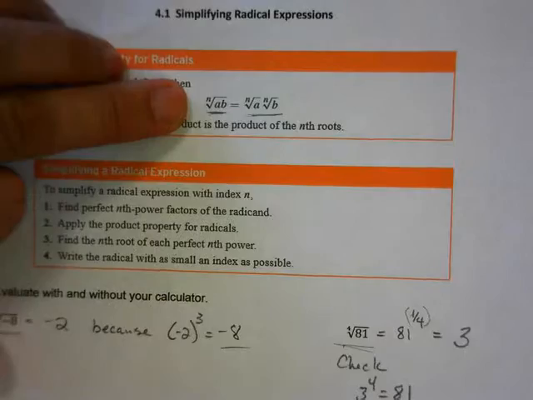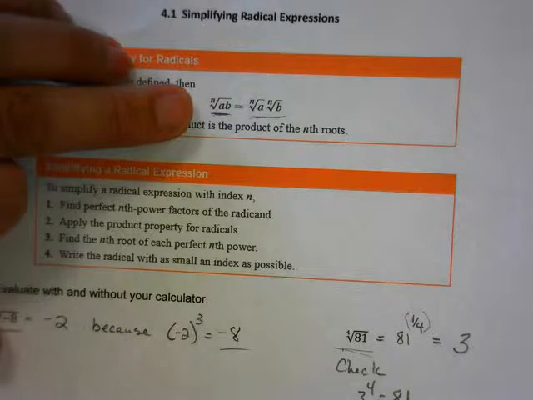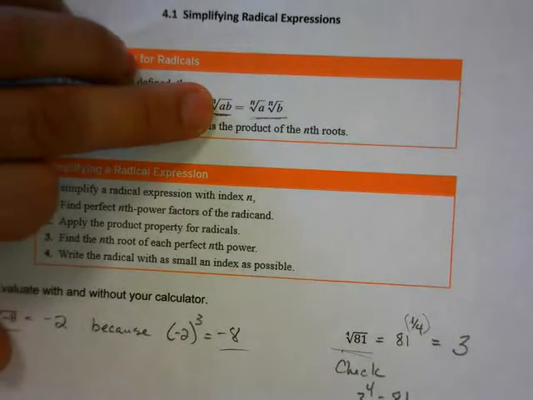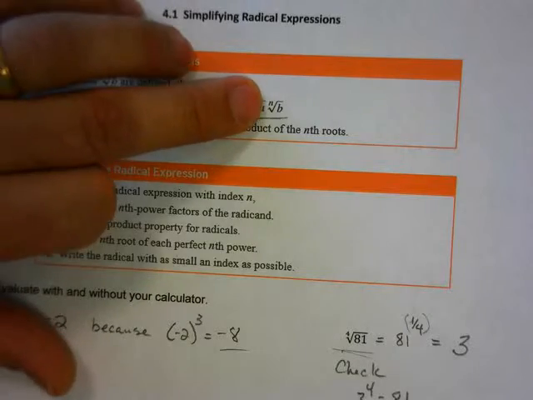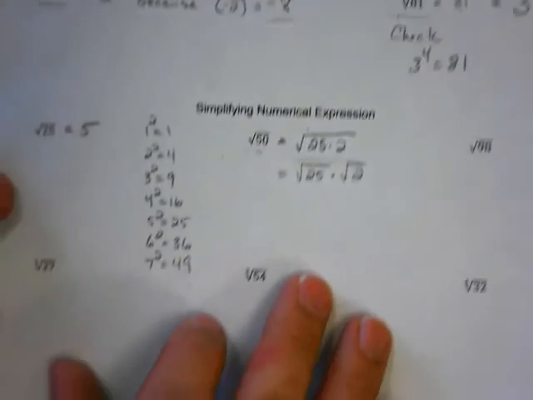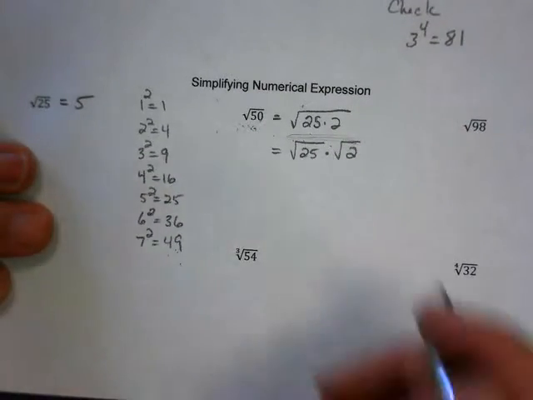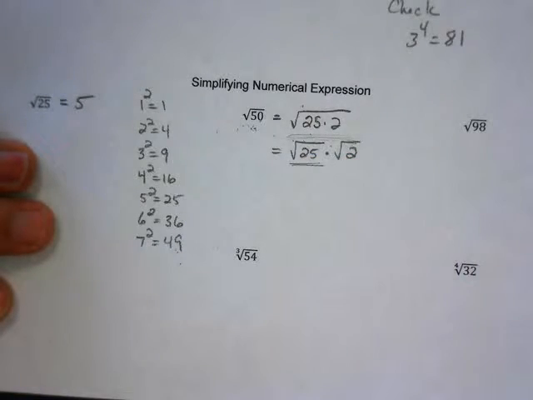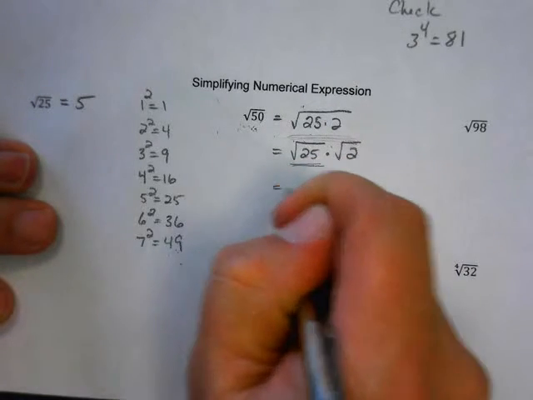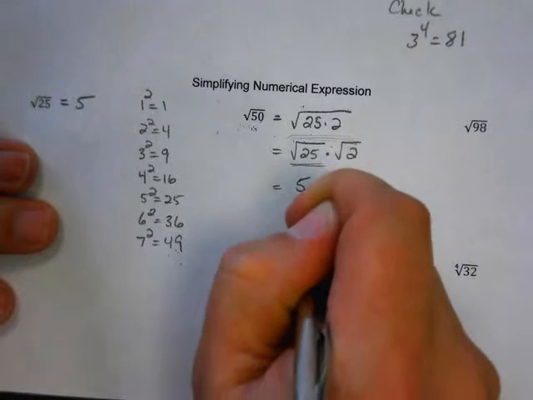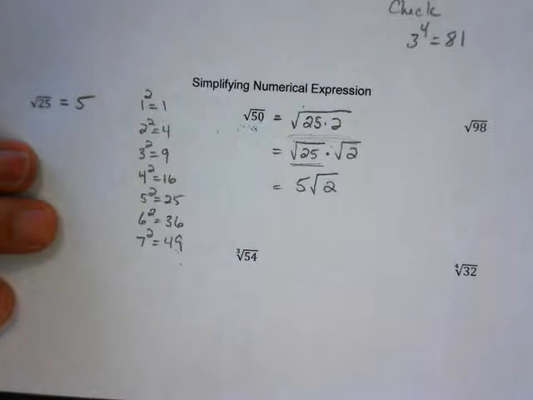So that's really what this property, this product property, was saying. Any radical we can rewrite into some radical times another. So when we look at this now, what's the square root of 25? So this is 5, and then we still have this square root of 2.